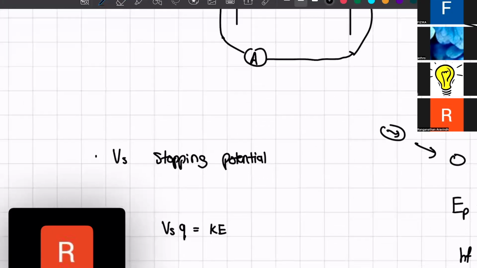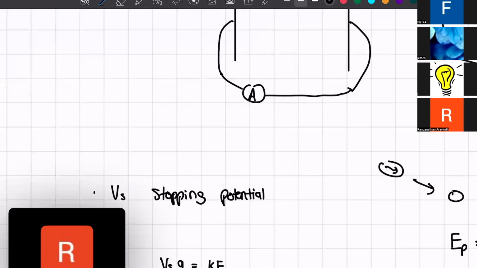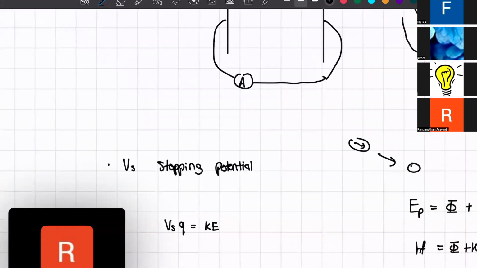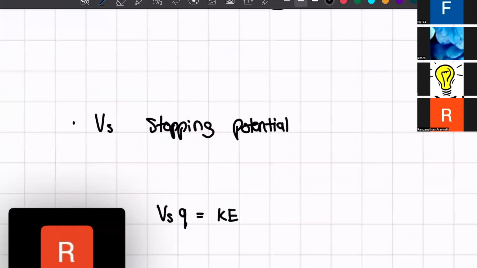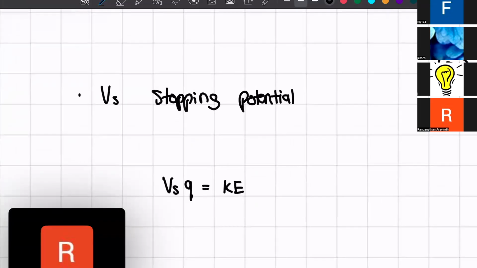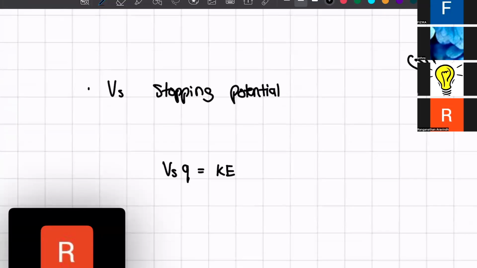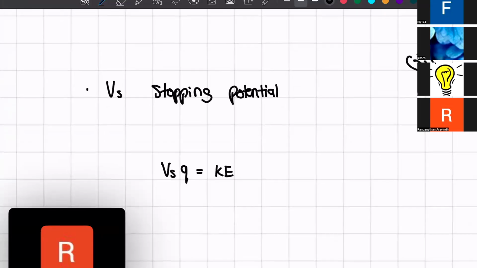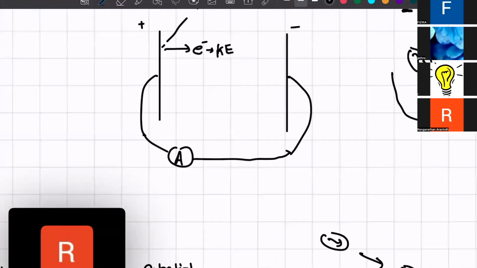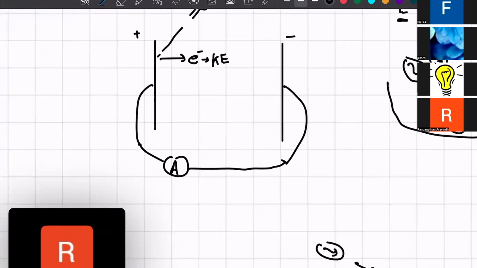If you guys don't understand any part, just ask lah. Just unmute and ask. Okay. And q is in this case the charge of the electron. So this is just another conservation of energy, I guess. If your Ke is lower than this, it won't have sufficient energy to reach this plate.